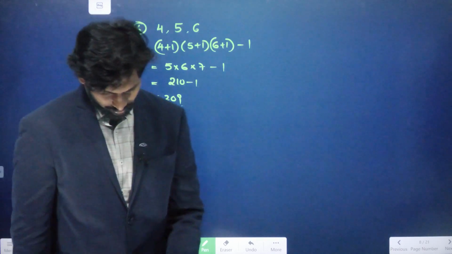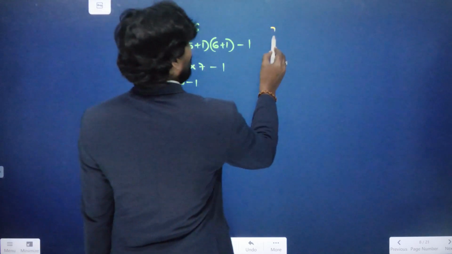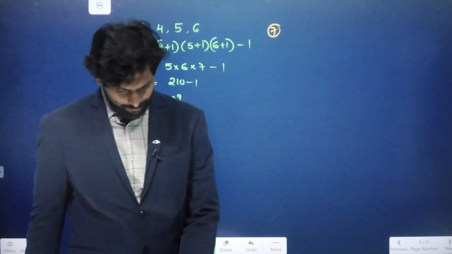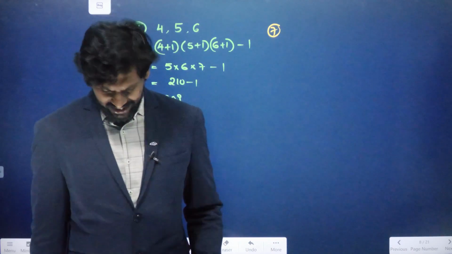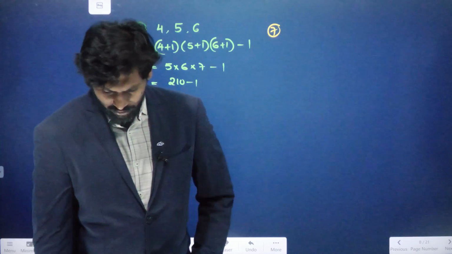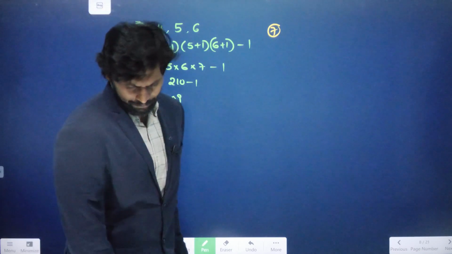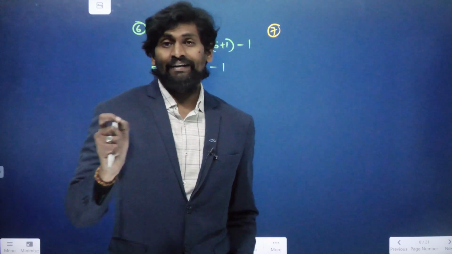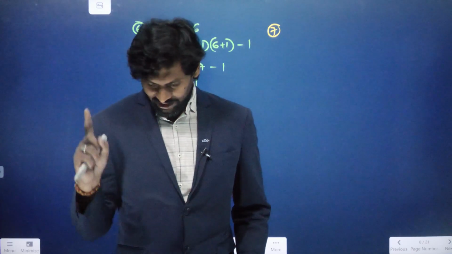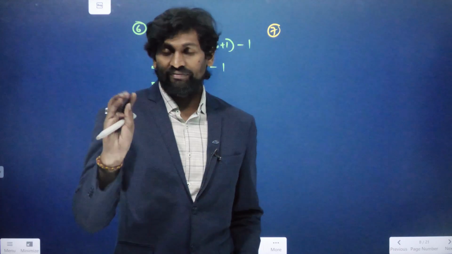Now let us go to problem number 7. How many different sums can be formed with the following coins: a rupee, 50 paise, 25 paise, 10 paise and 5 paise. In total there are 5 different coins.